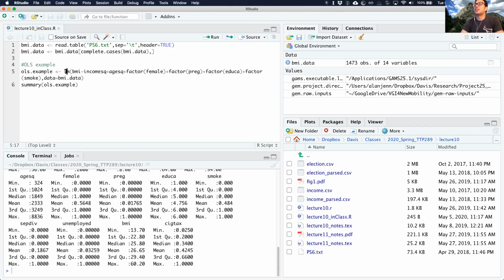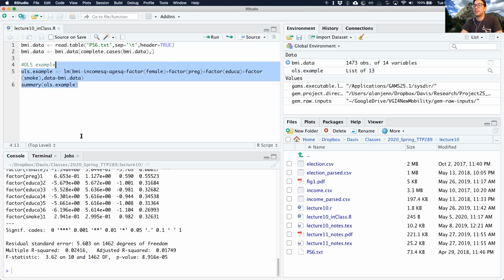So this is just a linear model where I'm regressing BMI, body mass index, on income squared, age squared, whether or not they're female, whether or not they're pregnant, their level of education, and then whether or not they smoke. So let's go ahead and look at this.